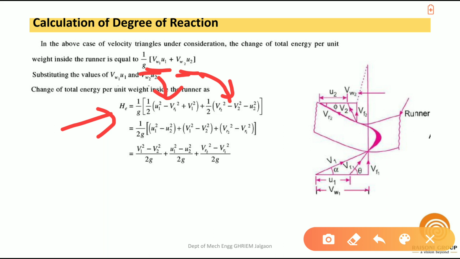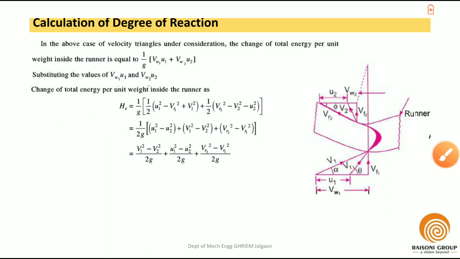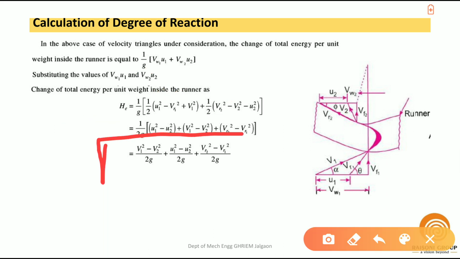After simplifying, we get V1 square minus V2 square divided by 2g, plus u1 square minus u2 square divided by 2g, plus Vr2 square minus Vr1 square divided by 2g.